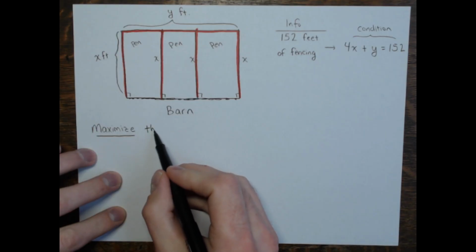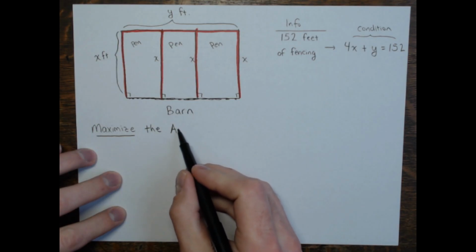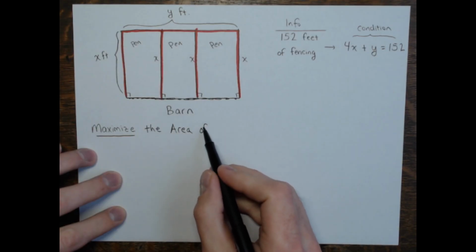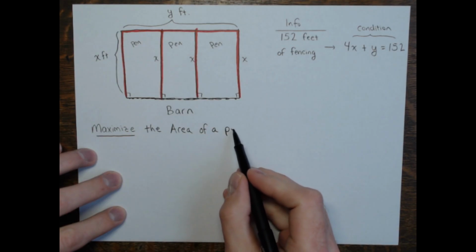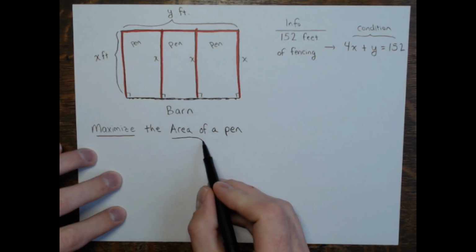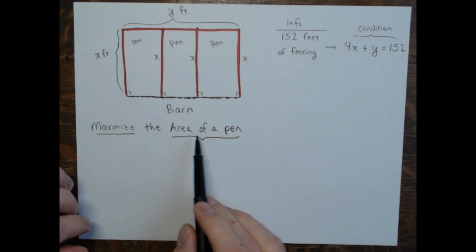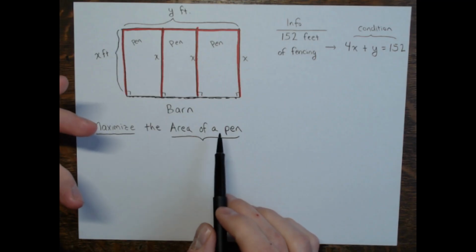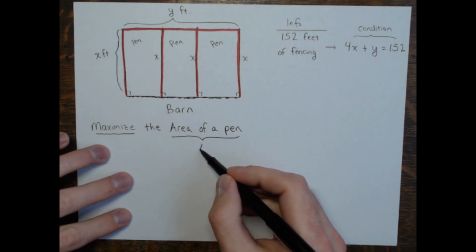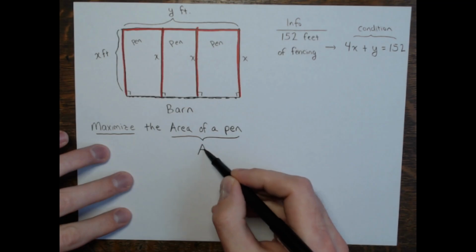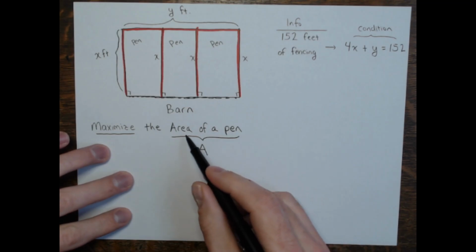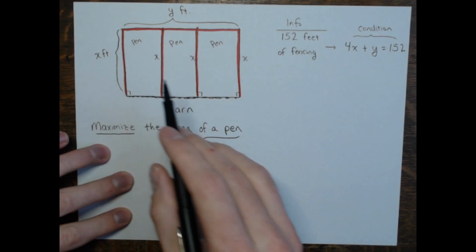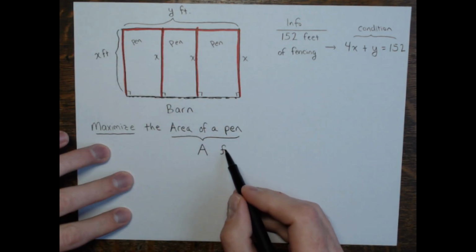So maximize the area of a pen. All right, so instead of writing out the words area of a pen all the time, I'm going to label that as well. I'm going to call this A, and since it's area, it's a rectangle, we'd have feet by feet. This will be in square feet.